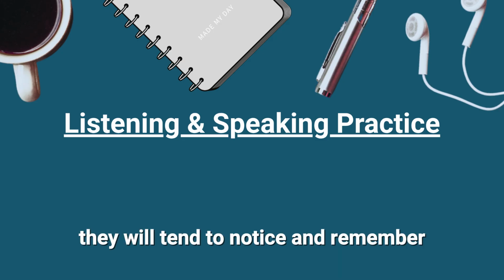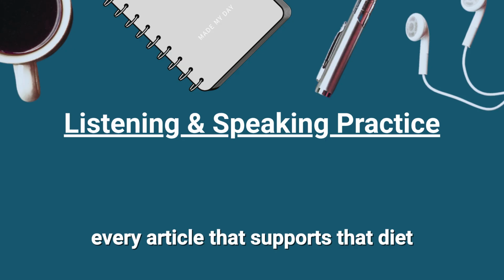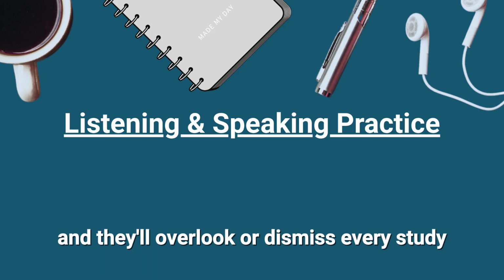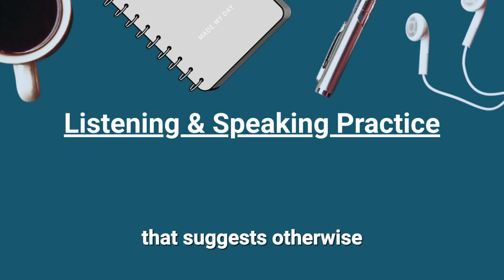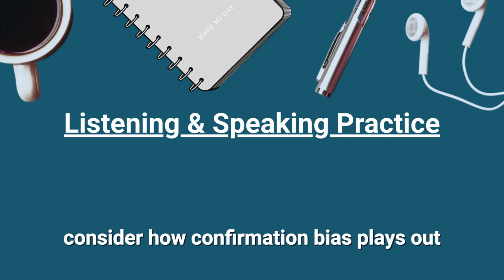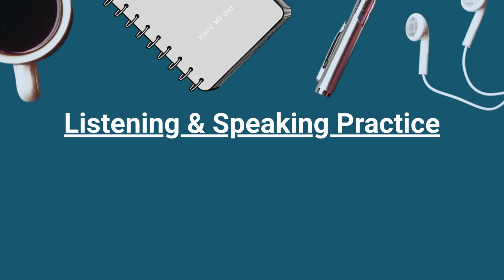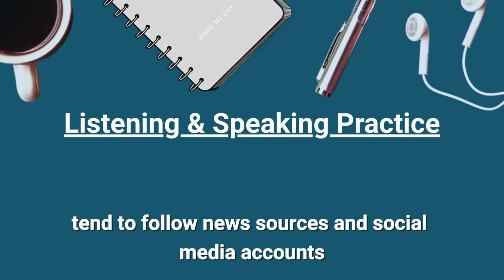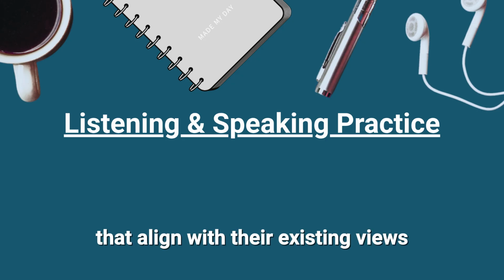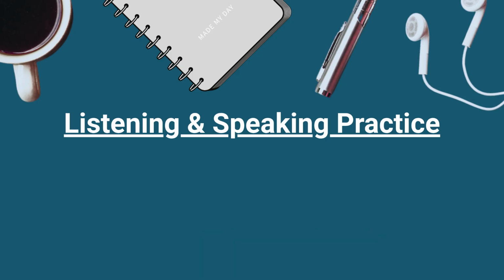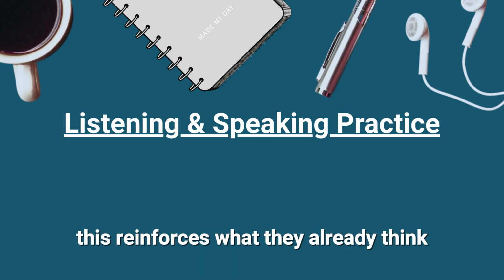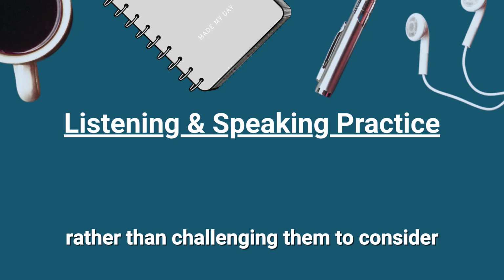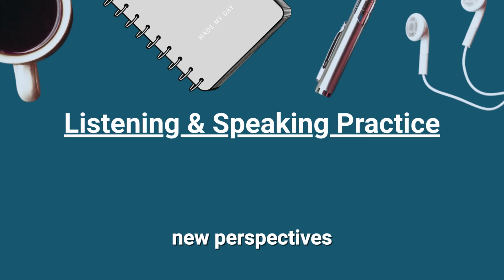They will tend to notice and remember every article that supports that diet, and they'll overlook or dismiss every study that suggests otherwise. As another illustration, consider how confirmation bias plays out in political discussions. People on both sides of an issue tend to follow news sources and social media accounts that align with their existing views. This reinforces what they already think, rather than challenging them to consider new perspectives."